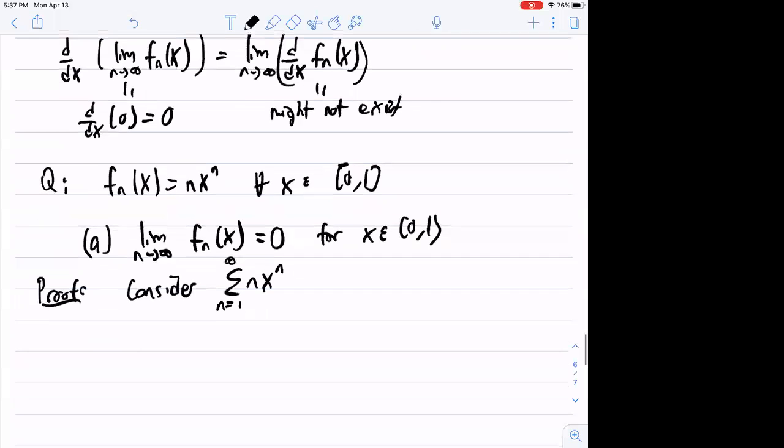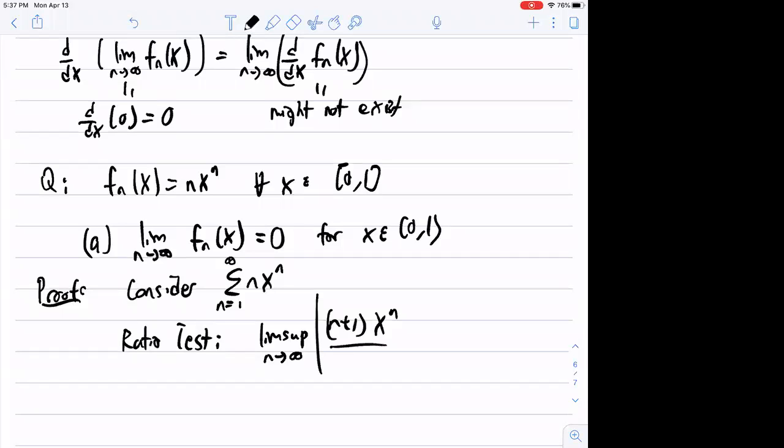Now, what does the ratio test say? The ratio test says that the lim sup as n goes to infinity of (n plus 1) x to the n plus 1 over n x to the n, sorry, this is n plus 1, if the lim sup is less than 1, it converges, right?